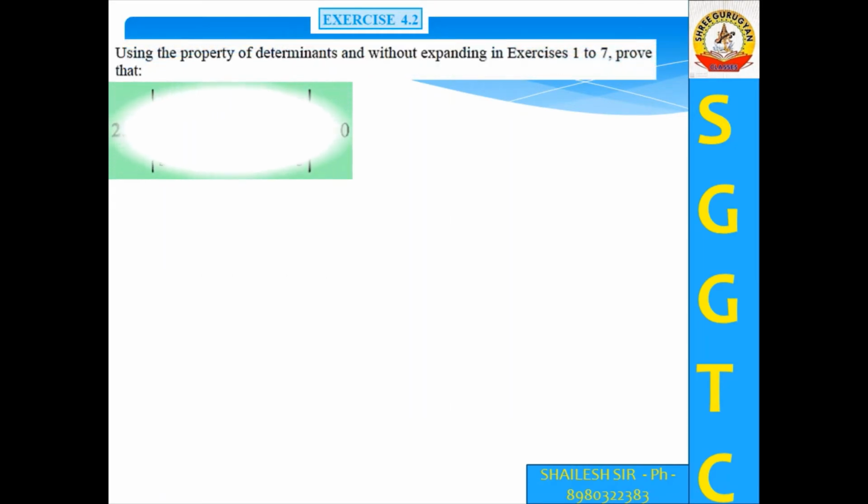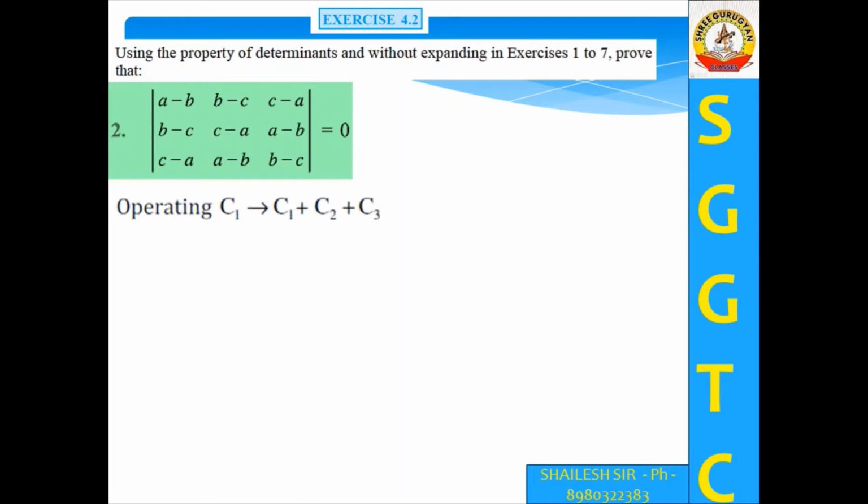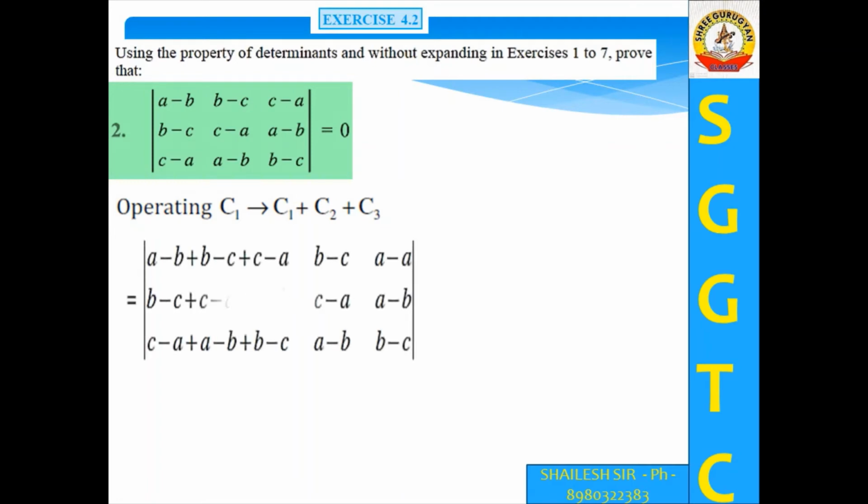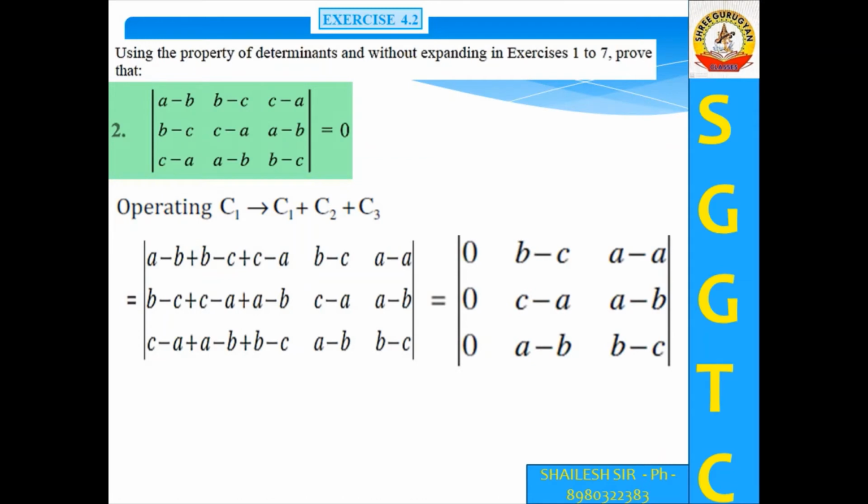4.2 question number second. Here 2 and 2, total 8 determinants are given. So first of all you think about operating anyhow to get 0. So I operate here column 1 as it is, but the other 2 columns are added in the first column. Yes students, second column and third column added in the first column.